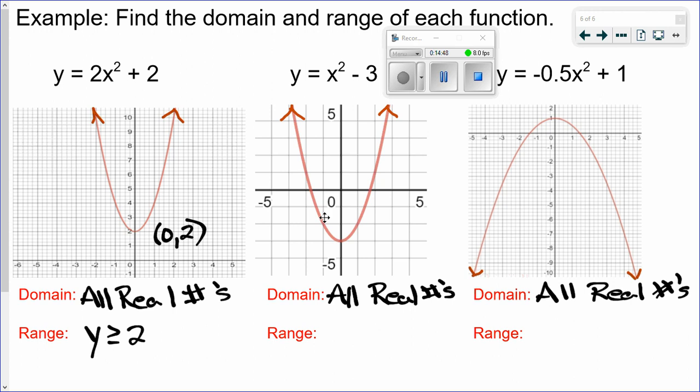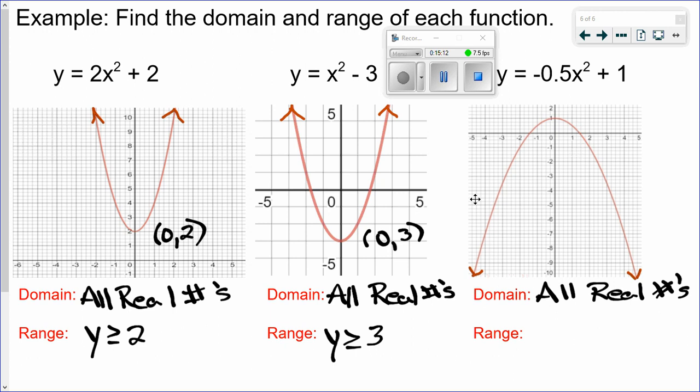Okay, the vertex of this one, let's see, 1, 2, 3, 4, 5. Yeah, this is counting by ones. So the vertex of this one is at 0, -3. All of my y values are above that. So there's no y values that are smaller than -3. So we would say y is greater than or equal to -3.